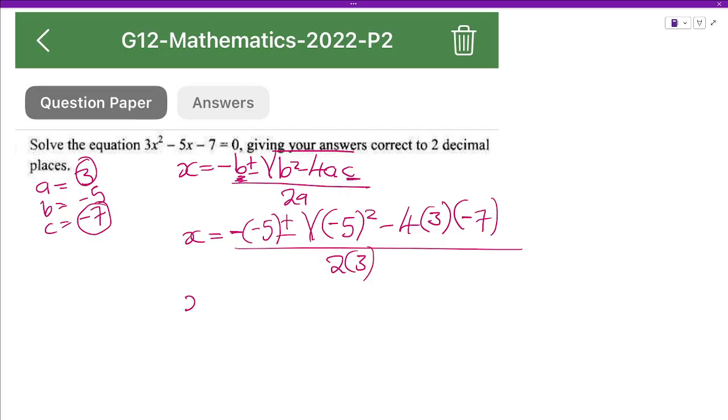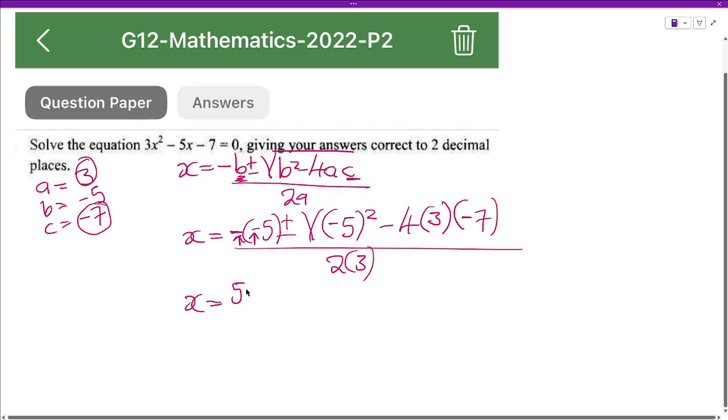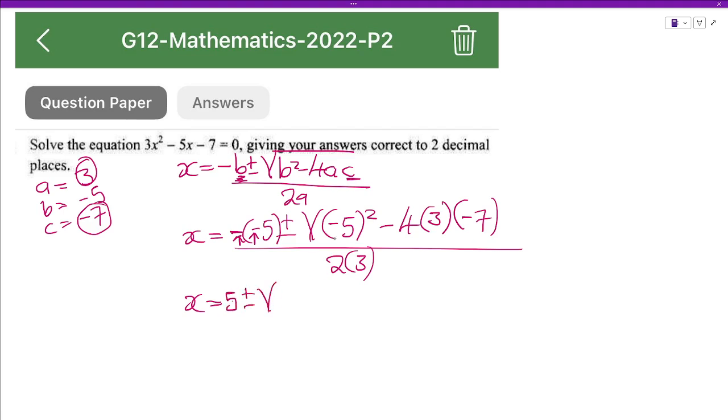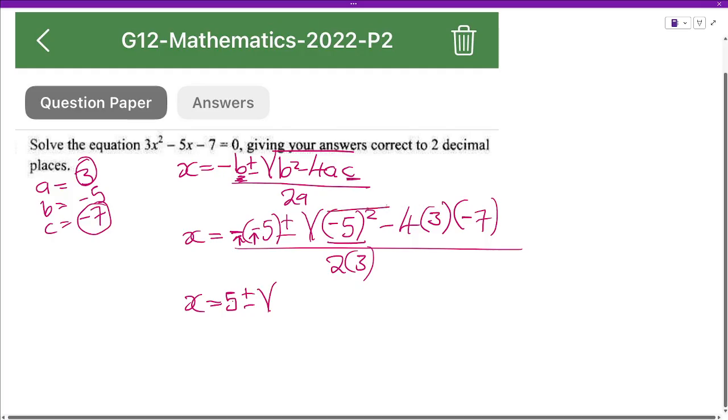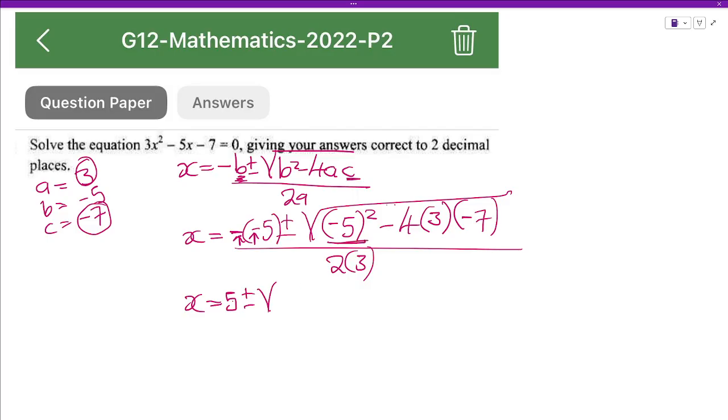Now we can solve. So I'm going to say x is equal to negative times negative right there. This one times this one gives you a positive, so we're going to have +5 plus or minus square root of -5 squared right here gives us +25.